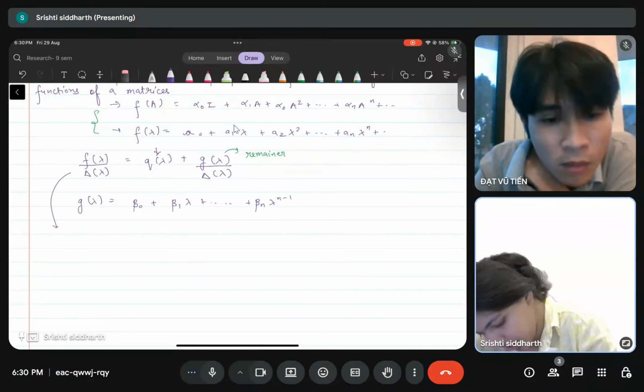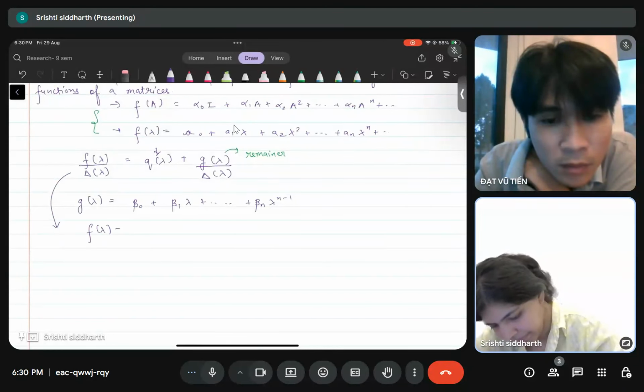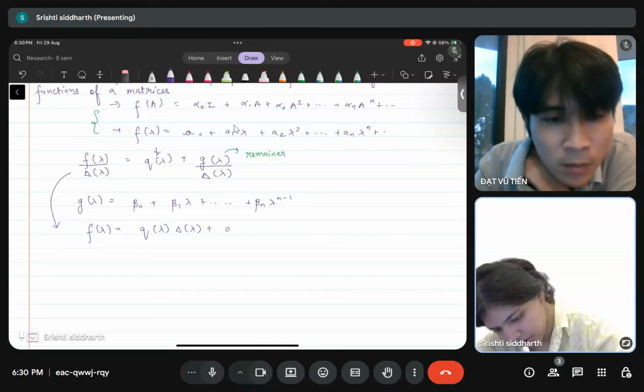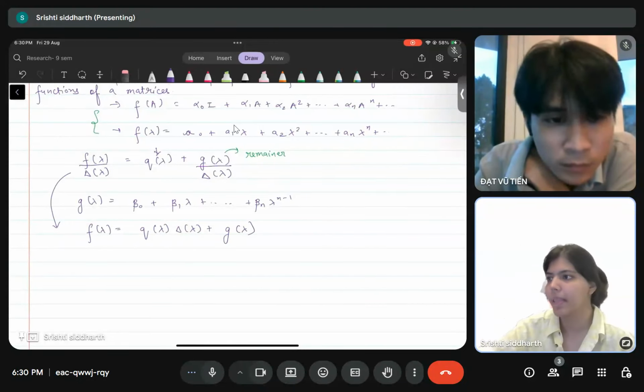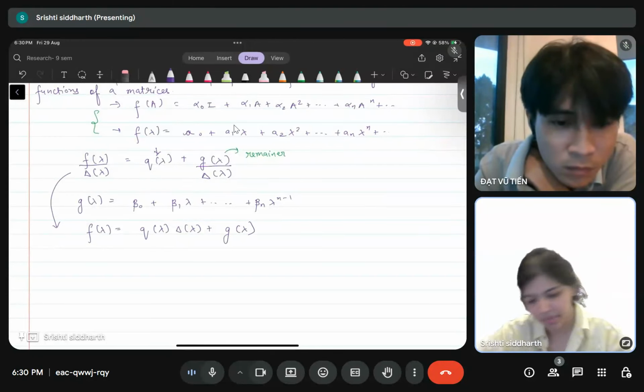So if we just cross multiply by delta lambda on both sides, this is f lambda equals Q lambda delta lambda plus G lambda. And let's assume that we have distinct eigenvalues.